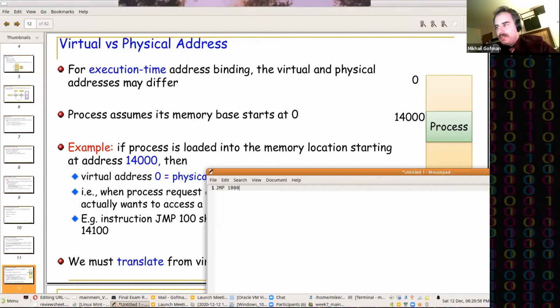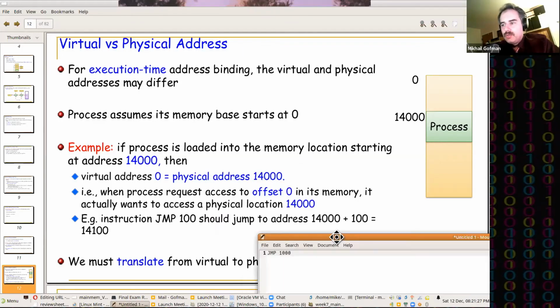Now, let's say that the process is moved to another memory location. Well, then the address of the location to which the process wants to jump might no longer be 1000. It might be something else now, since we moved the process in memory. So in order to avoid those kinds of issues, we will let the process have what's called a virtual address space.